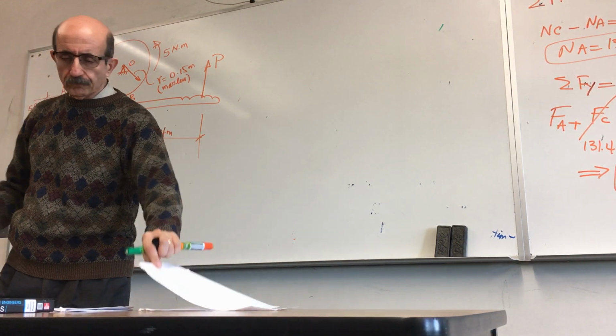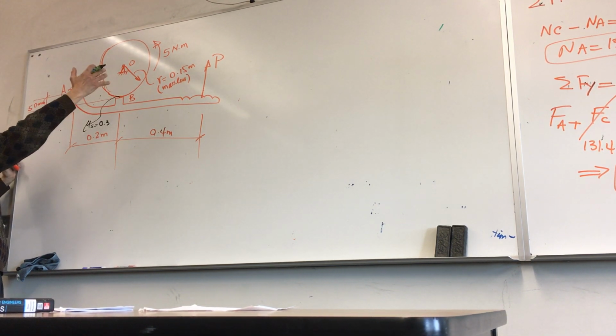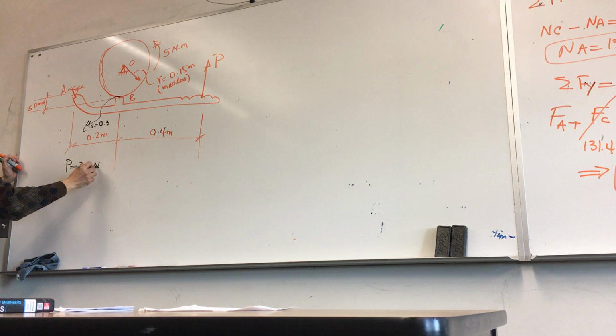You want to figure out how much force you need to apply in order to stop or break this disc. You want to know which one of these two forces, P of 70 Newton or 30 Newton, is adequate.